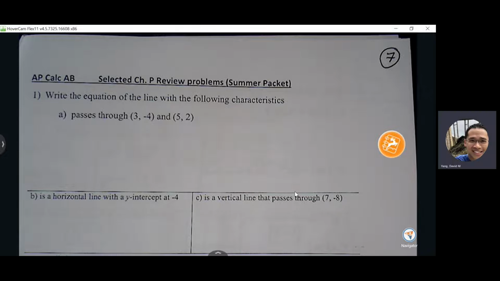Okay, if you guys can turn to page 7 and 8. I actually don't have. Oh, okay.